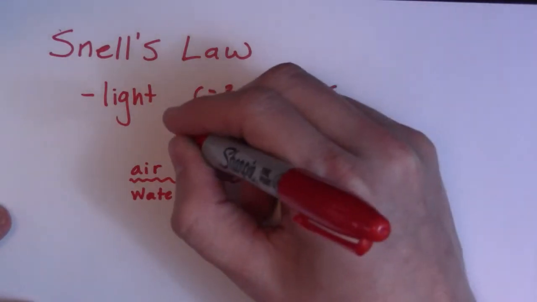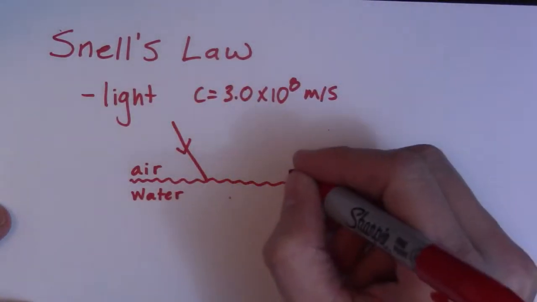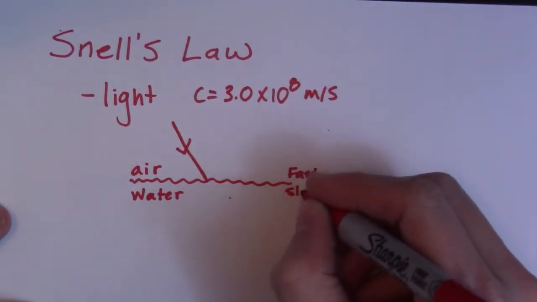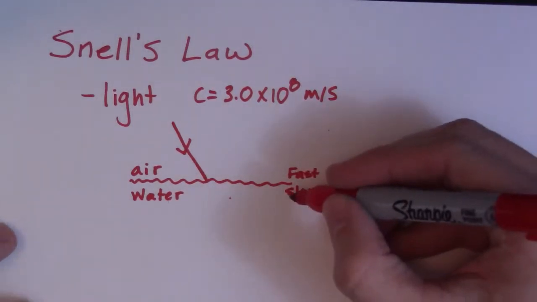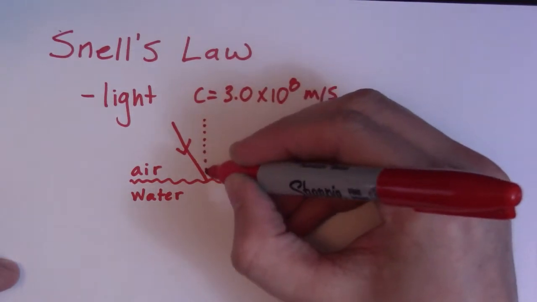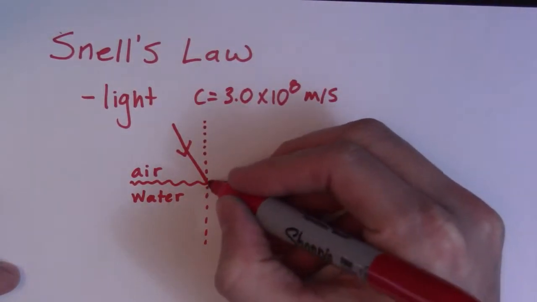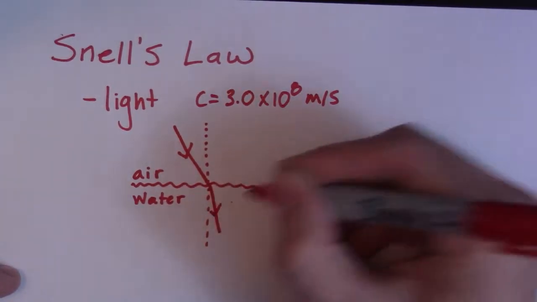If light is going to shine down here, and air is a fast medium, and water is what we would call a slow medium, then this light is actually going to bend. We can picture this line right here called the normal line. Light bends when it goes from a fast to a slow medium. It's actually going to bend towards this normal line.